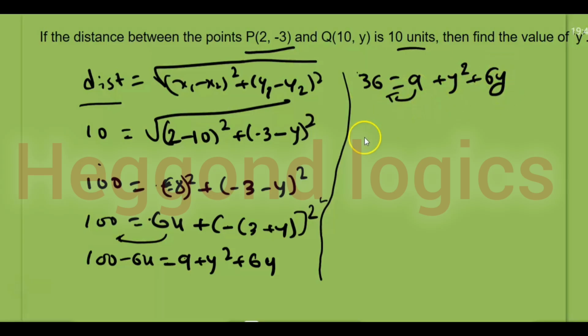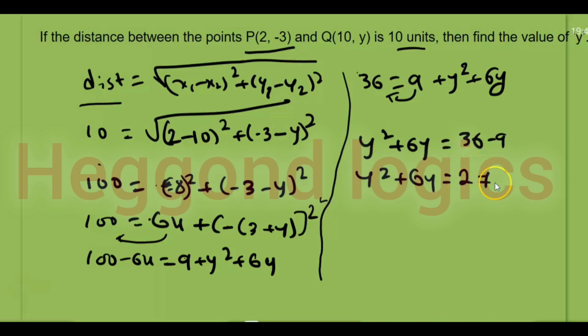Transferring this 9 to this side, y square plus 6y is equal to 36 minus 9, that is 27. And this 27 transfer to this side, y square plus 6y minus 27 is equal to 0.